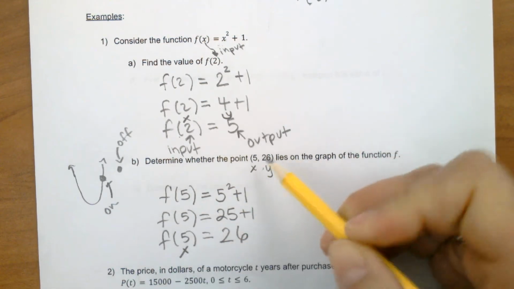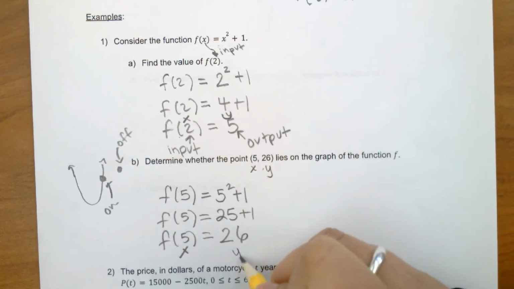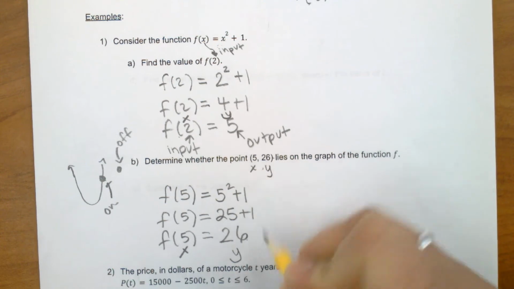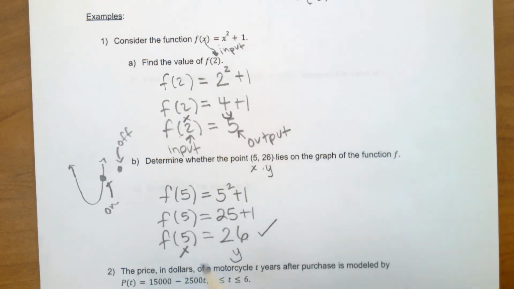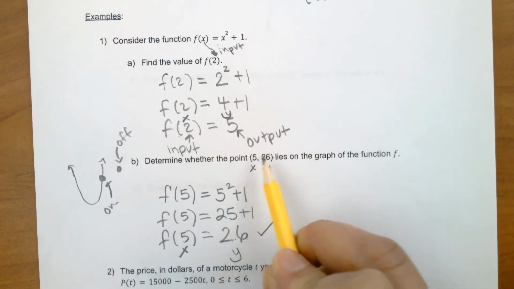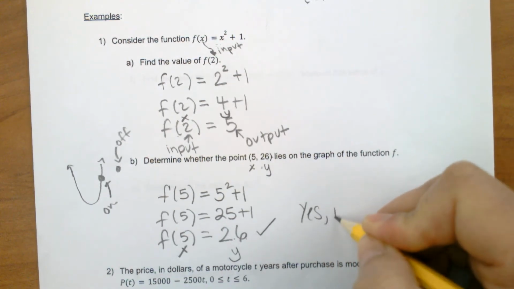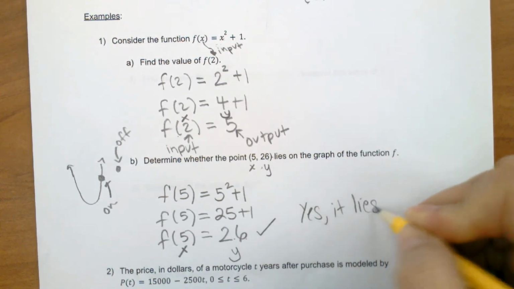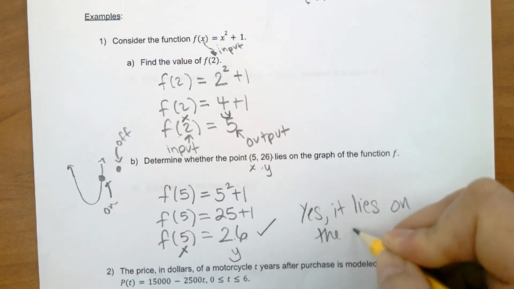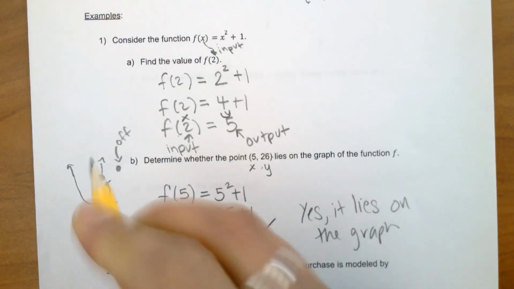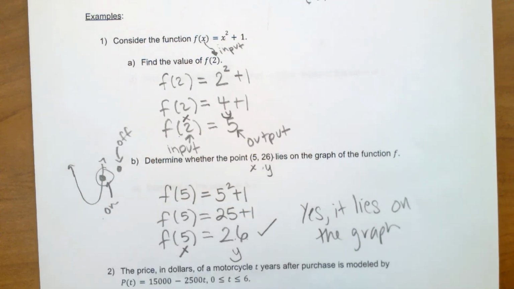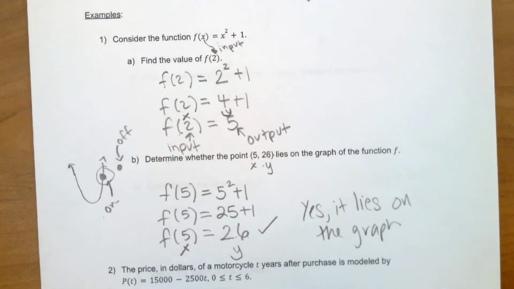So here's my x is 5, and I got out my y of 26, so that checks out. So these two numbers have to be the same as these two numbers. So we know, yes, it lies on the graph. So going back over here, it's definitely on our graph.